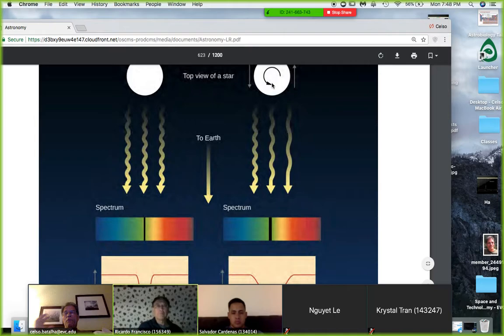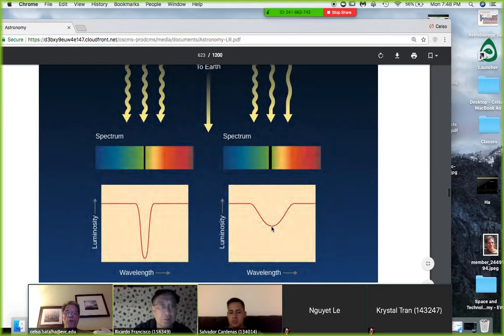Mercury reflects the sunlight, so the sunlight goes to Mercury's surface. As Mercury rotates, part of its hemisphere moves away from us and part of its hemisphere moves towards us because the planet itself rotates. And this rotation smears out and broadens the skinny absorption lines that come from the sun.